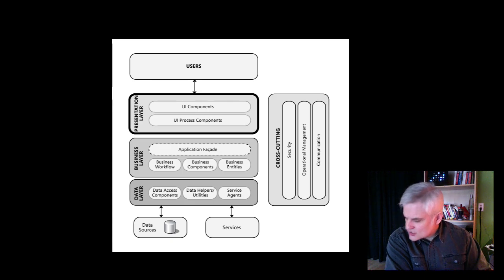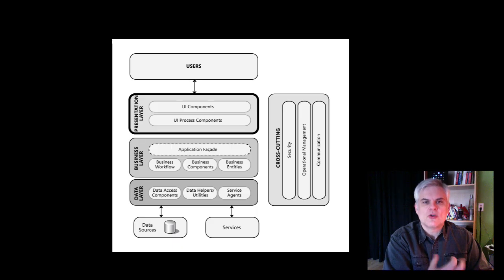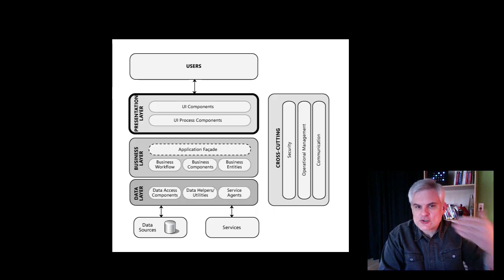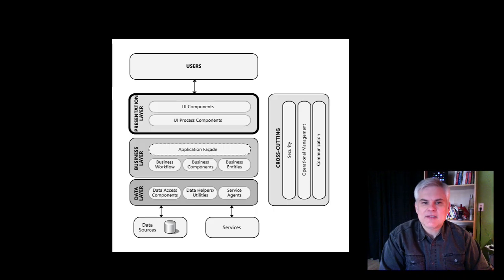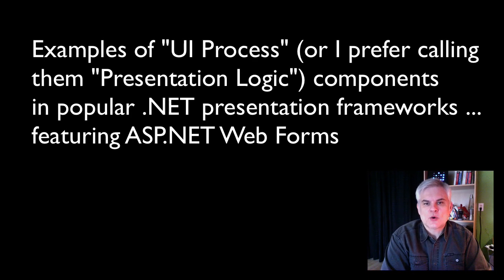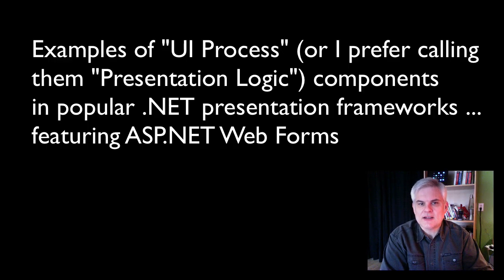The presentation logic or UI process components are more structural or behind the scenes. These provide a mechanism for data, once it's been retrieved from the domain layer, to be prepared and translated for presentation and vice versa. So in ASP.NET Web Forms, there's a code behind file, which is a partial class that works together with the ASPX file that contains a series of event handlers.